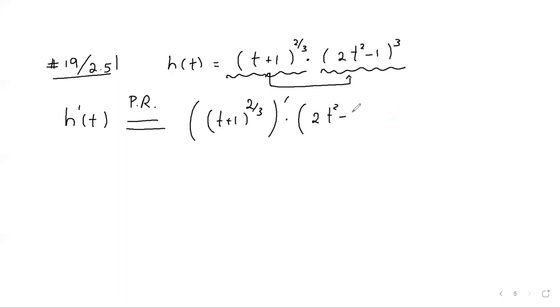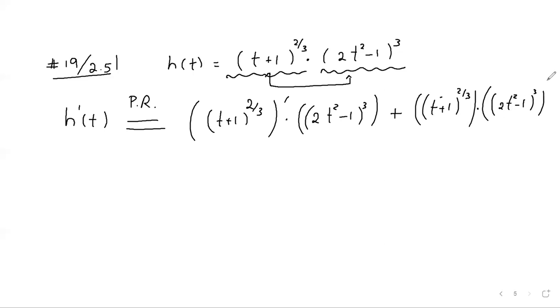So 2t squared minus 1 cubed without that prime sign, plus, and then it's going to be the first one, t plus 1 to the 2/3. All right, there we go, times, and then there's going to be the second one prime, 2t squared minus 1 cubed, all that prime. So now we take care of these separately.